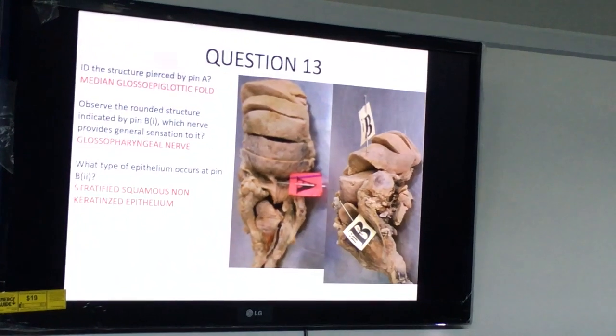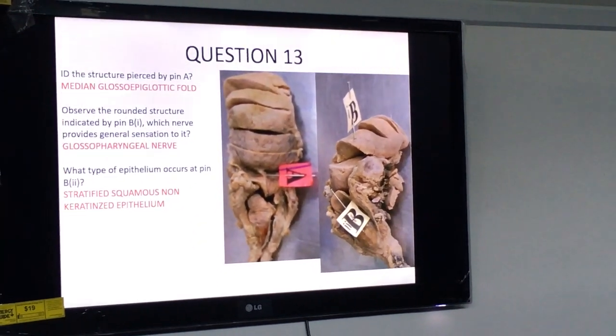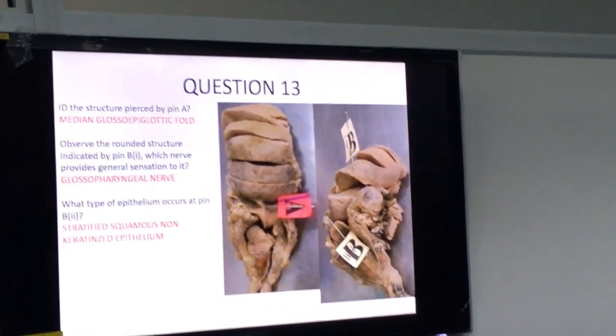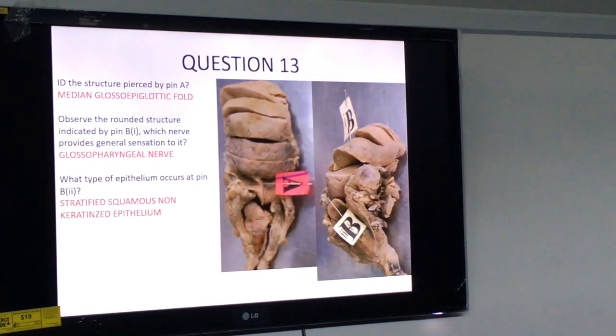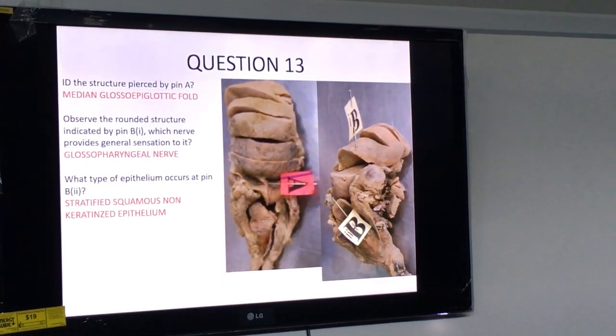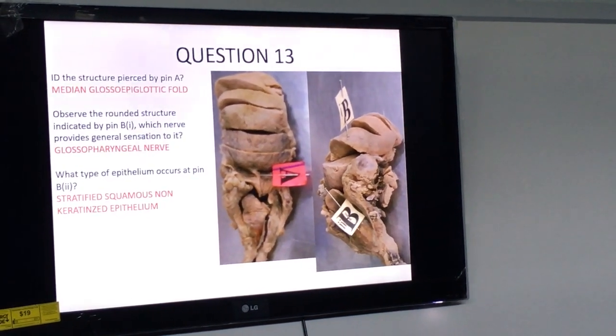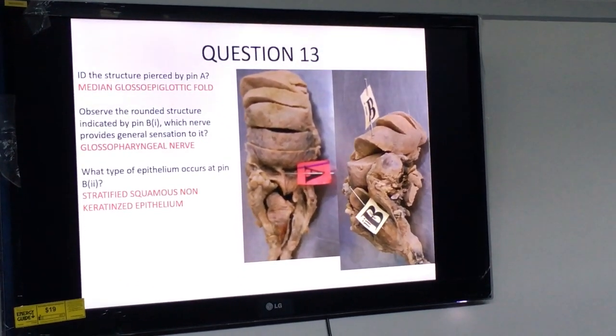Alright. So 13, identify the structure pierced by pin A. We all see that. I always ask you that. Remember? And in fact, that one, along with the two on either side, forms the foundation of all three of them.